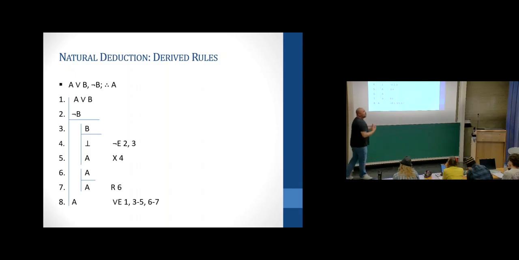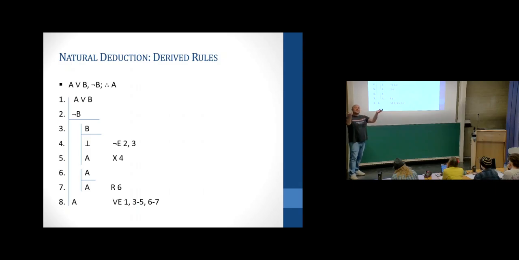The other thing to think about is look at the sentences you start with. What connectives do they have? What tools do you have that lets you manipulate those connectives? Good. Okay.